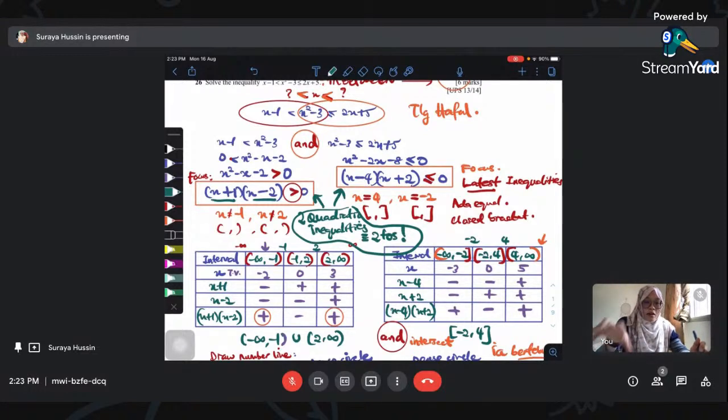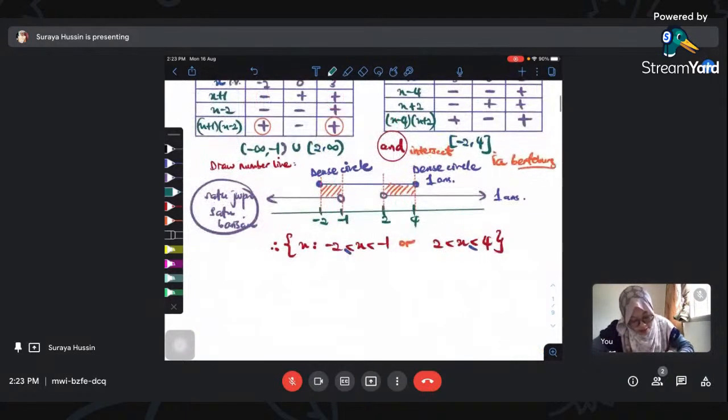Kalau kamu bayangkan, kalau kamu ada dua rational inequalities, bermaksudnya kamu ada berapa TOS? Tell me on the chat there. If you have two rational inequalities, saya nak tanya lagi sekali.